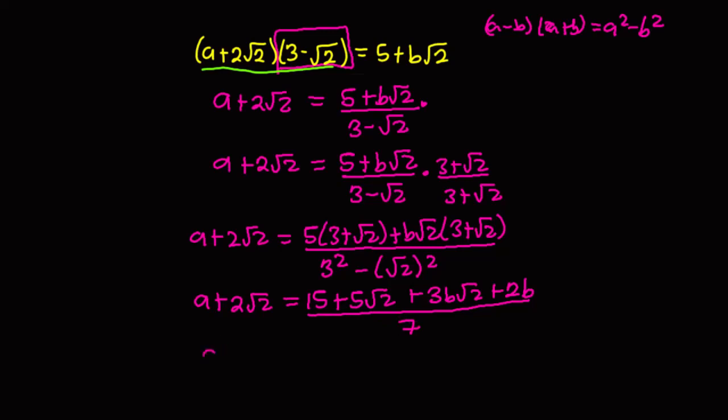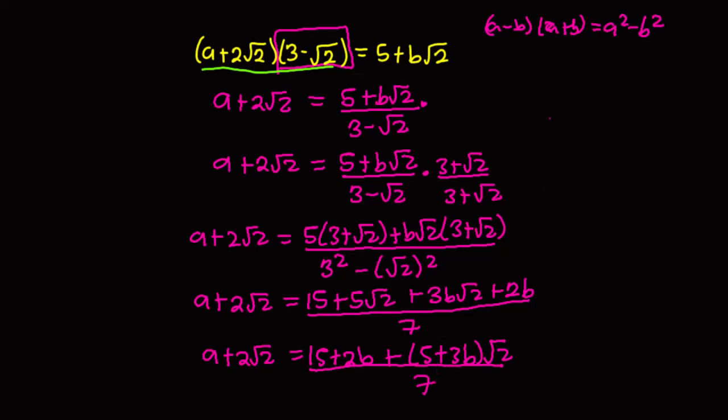So we have a plus 2 root 2 is equal to, now once again let's group all the non-surd terms to one side and the surd terms to one side. So this will give us 15 plus 2b plus, now we are going to factor root 2 out. So this will give us 5 plus 3b, all this root 2, all this divided by 7.